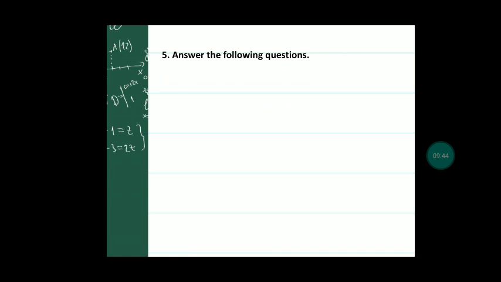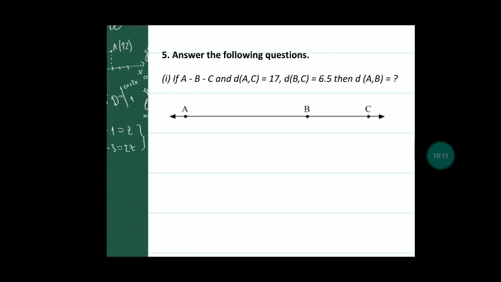Question number 5. Answer the following questions. First is, if point B is in between point A and C, and distance of AC is equal to 17, distance of BC is equal to 6.5, then distance of AB is equal to question mark. We have distance of AC is equal to 17, distance of BC is equal to 6.5.